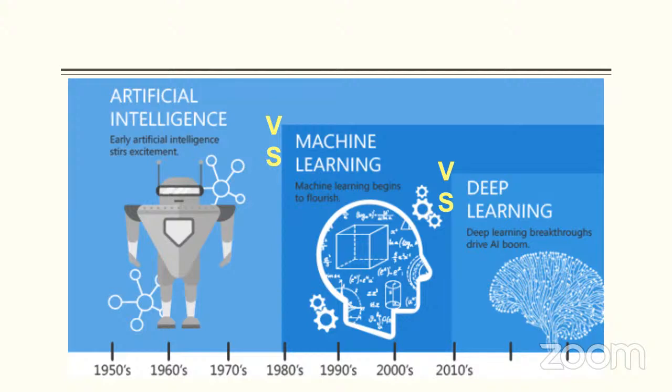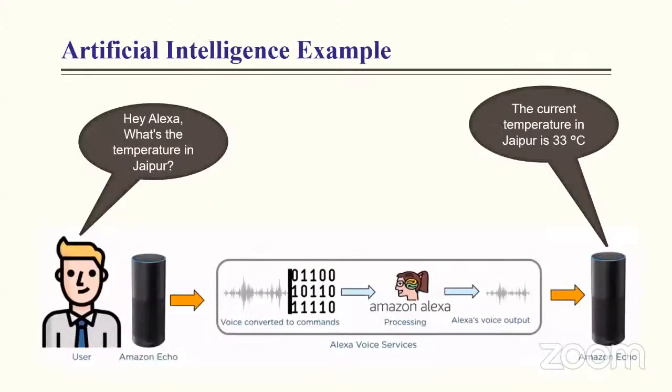Deep learning and machine learning are the same in that the purpose is the same, but the way they implement it is different. So deep learning is a subset of machine learning, which is a subset of AI, or artificial intelligence. I hope you are all clear about what AI, ML and deep learning are.